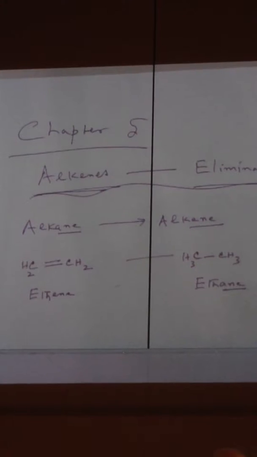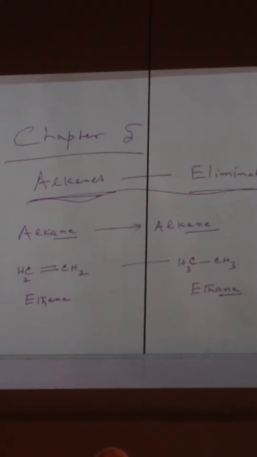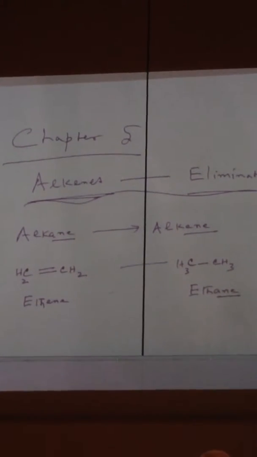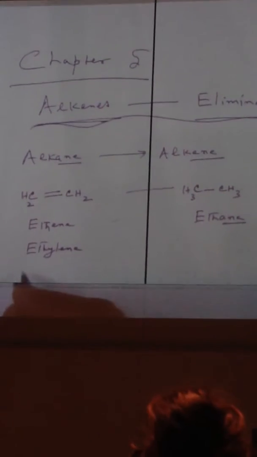But this has been known long before IUPAC was ever formed, so the common name, which is actually more commonly used for this compound, is ethylene. So this is the common name.